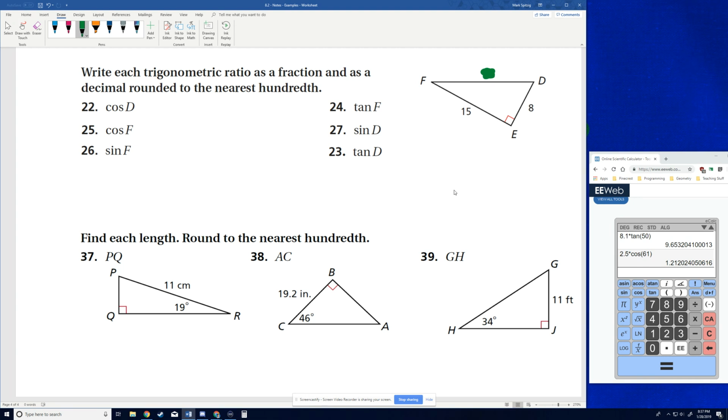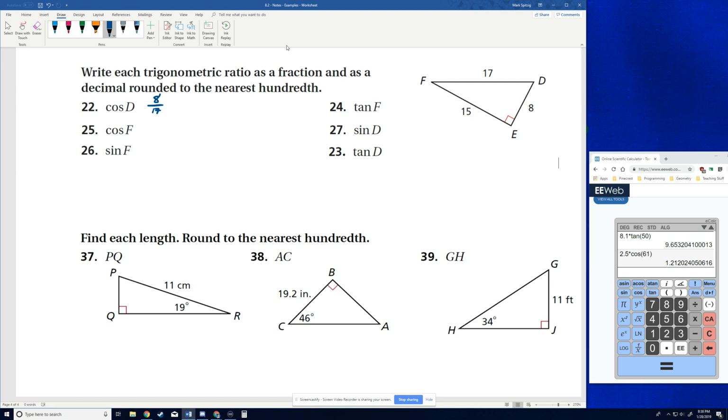If you have two sides of a right triangle, you can find the missing third. This happens to be a triple, but if I did 8 squared plus 15 squared, and took the square root of all that, I'd end up with 17. So we have 8, 15, 17 is a triple. So we found all the sides. Now that we know the sides, we can actually write all the fractions. Cosine D was adjacent over hypotenuse, which is 8 over 17.